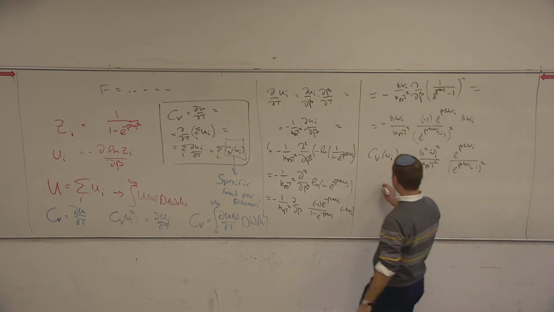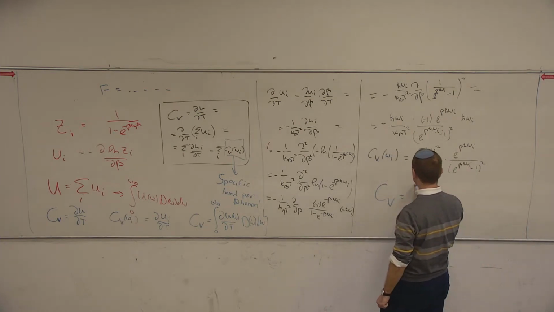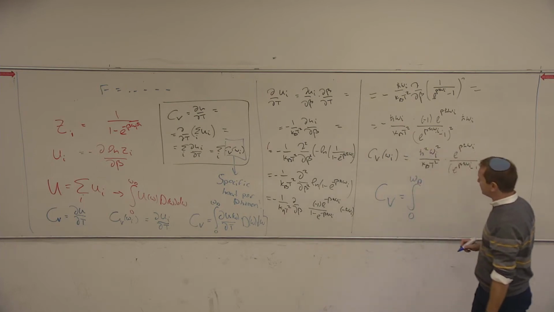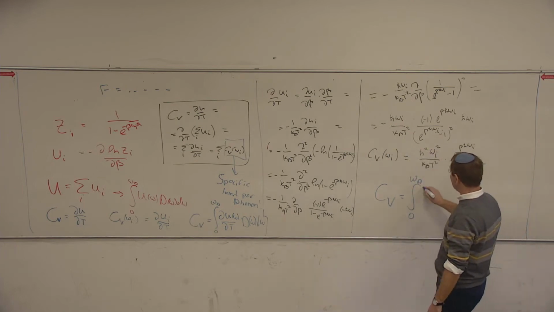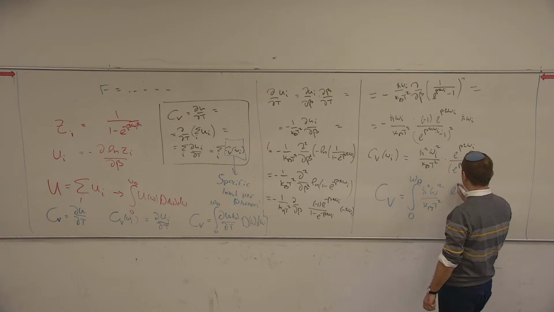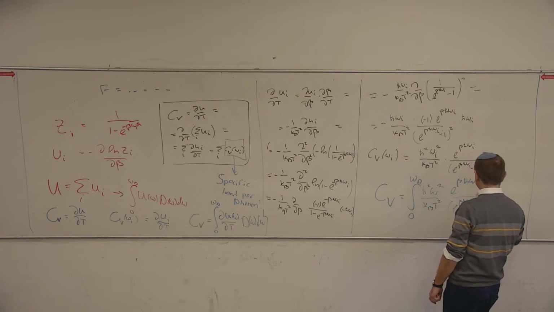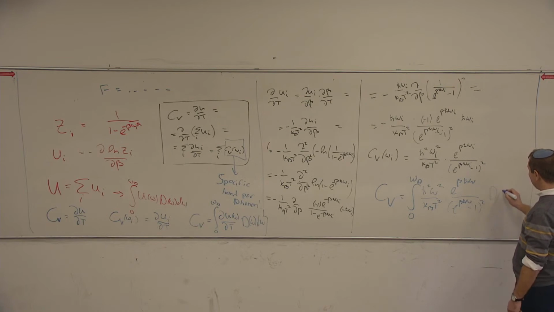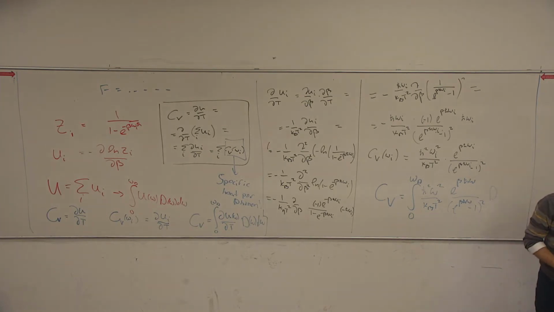Okay, so C_V in total equals the integral from 0 to omega D of what we have inside here, which is h bar squared omega squared divided by k Boltzmann T squared e to the power beta h bar omega divided by e to the power beta h bar omega minus 1 squared d omega, and I don't remember already what we have to do with d omega.